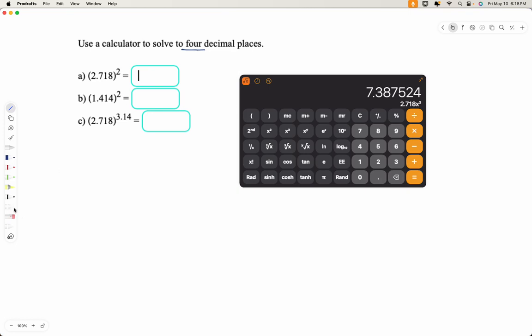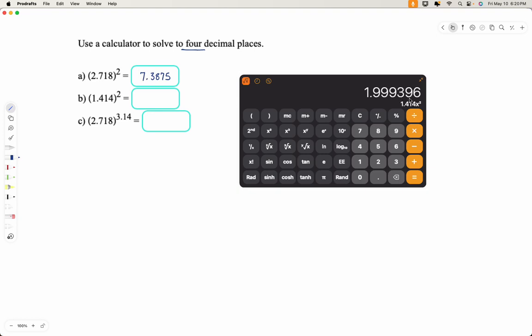Let me erase this so that you can see. 7.3875 is what would go in there. All right, so now we're going to do this one. Same thing. We press clear. 1.414 times itself. We're going to find the 4th place. 1, 2, 3, 4.